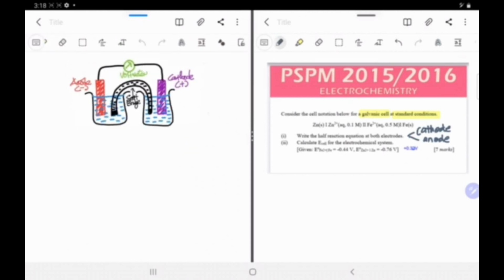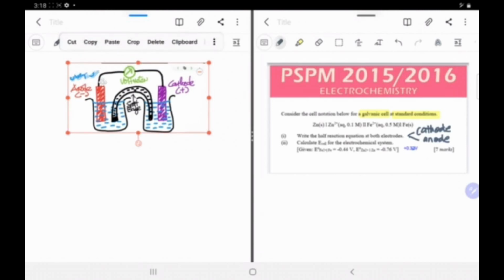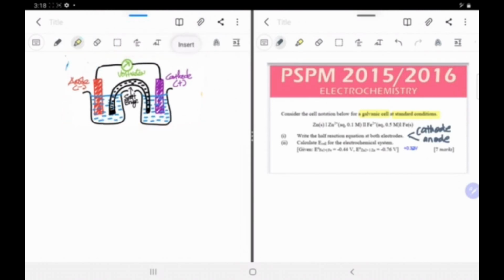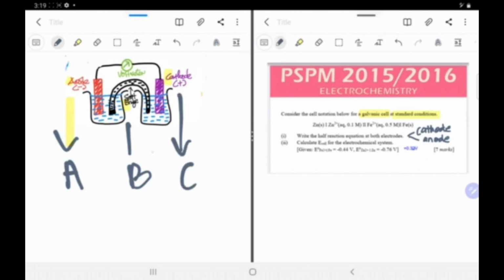What I mean by ABC is, you can see the most left of this galvanic cell is the anode, which starts with A, and then in the middle is the salt bridge, which indicates the B, and the most right is the cathode, which starts with C. So I believe you can see the pattern of ABC.